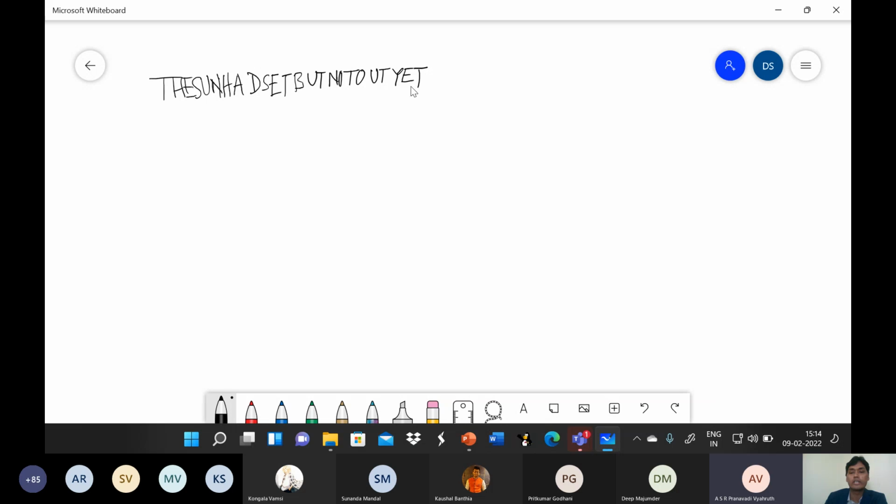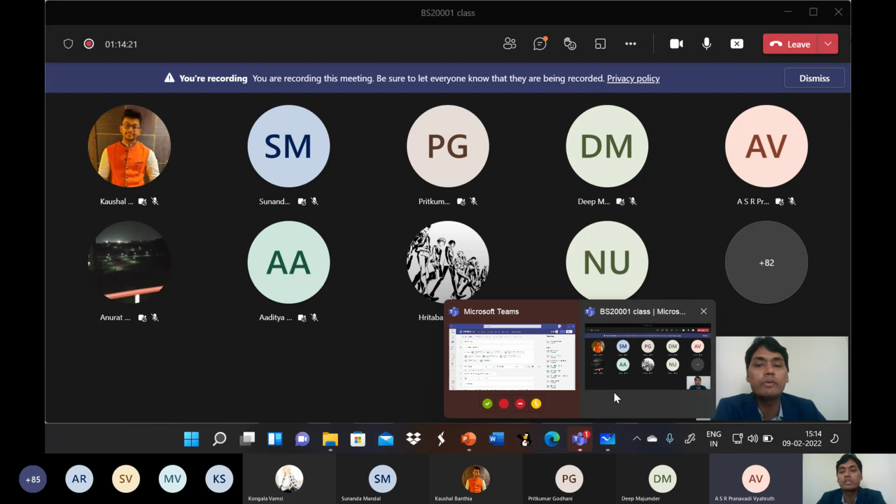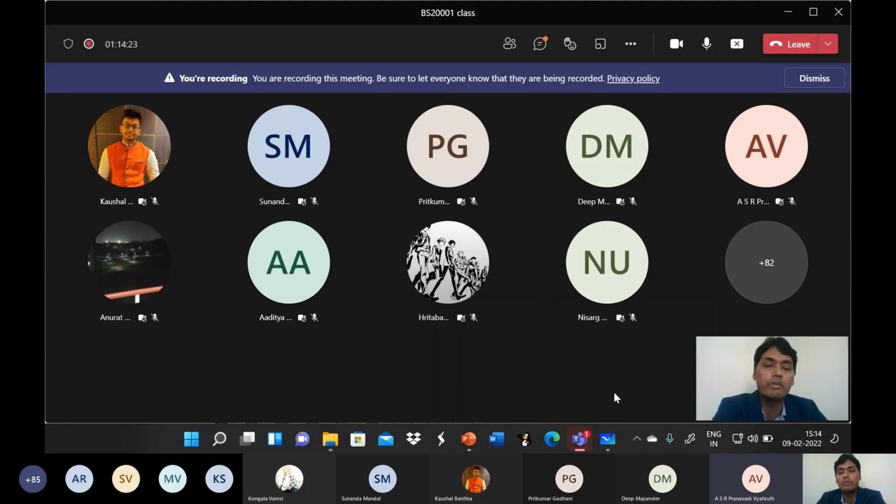So I can see my whiteboard. Something is written here, but the problem is if you don't know this language, whatever I'm writing, for example in this case English letters, you can at least read it. But if you are not aware of it, how will you decode the information? That's the main problem.